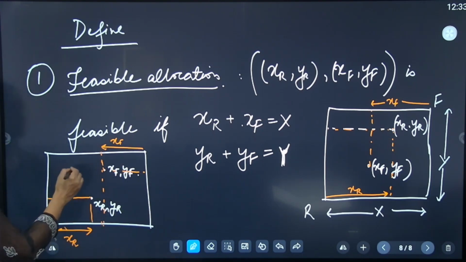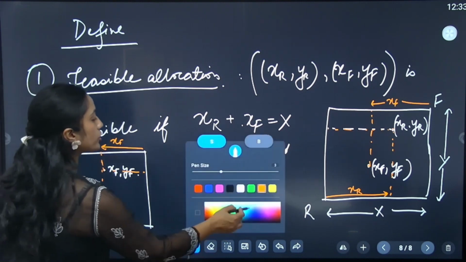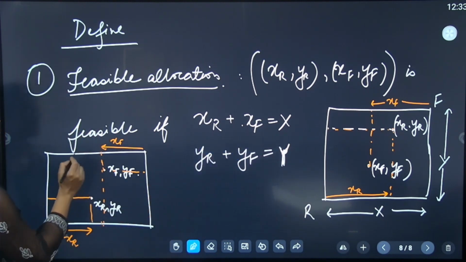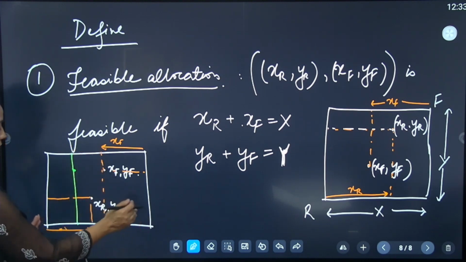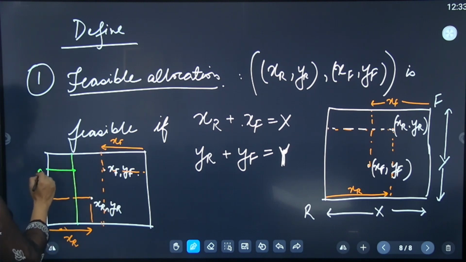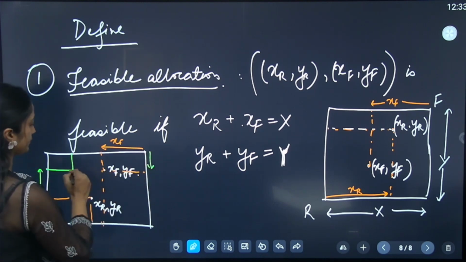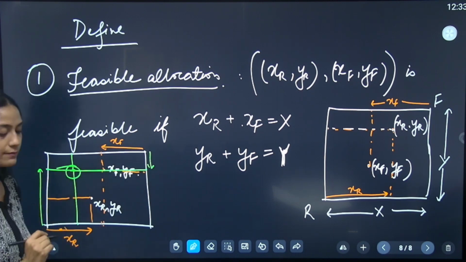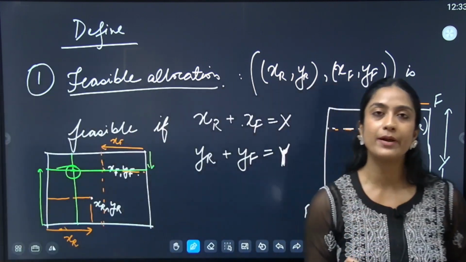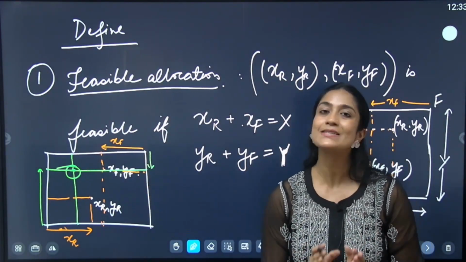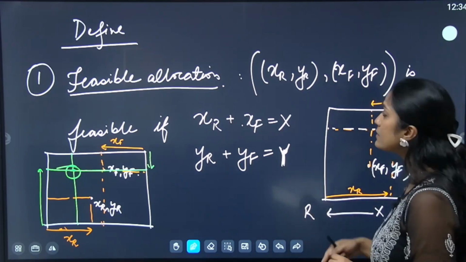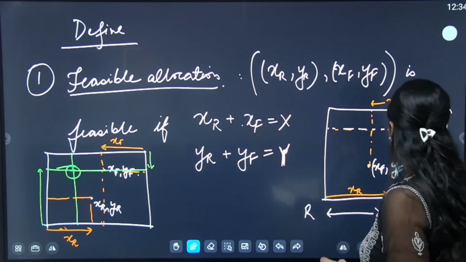If you have a single point representing the bundles of both Rahul and Fiza, that means this point will necessarily add up to the total allocation of X as well as to the total allocation of Y. So only those allocations which can be represented by a single point on the Edgeworth box will be considered as feasible allocations. All right. This is the first definition, which is feasible allocation.